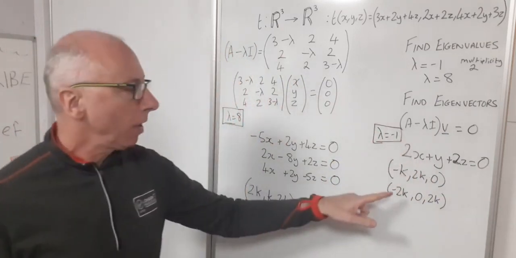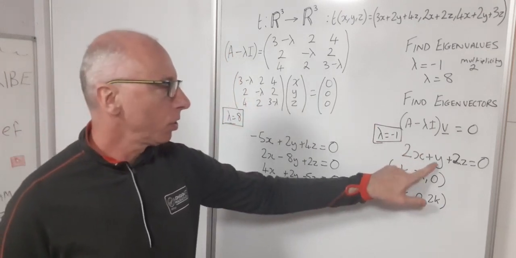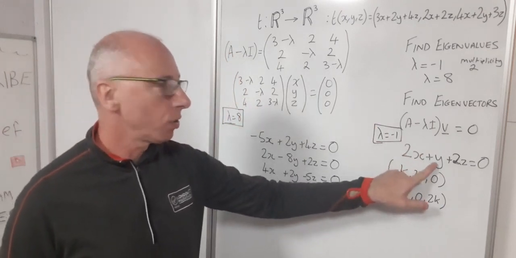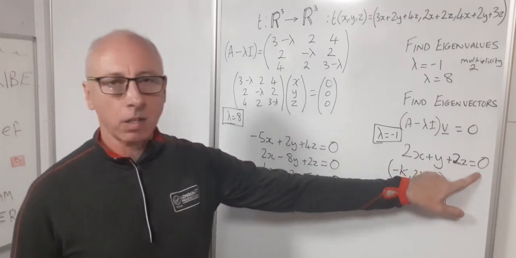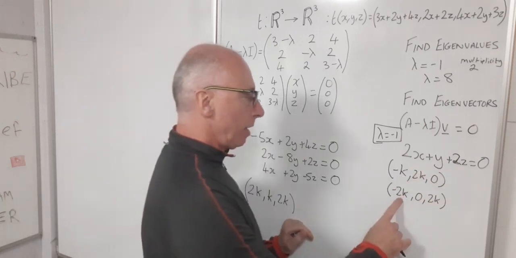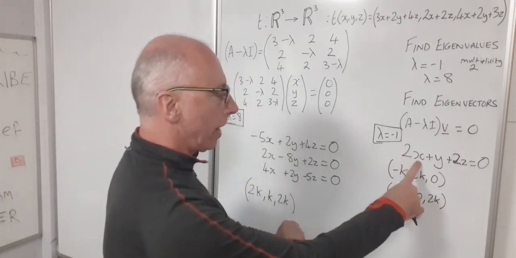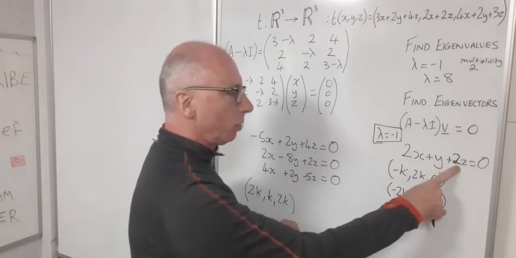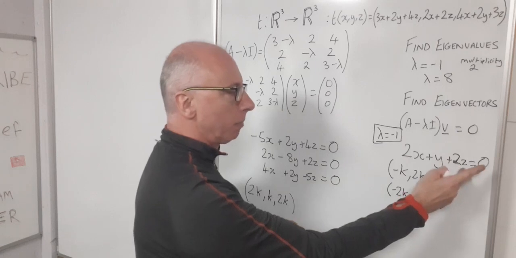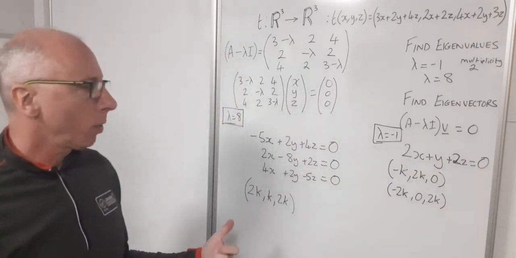So for example, if I plugged minus 1 for x, I get minus 2 plus 2y, that gives me plus 2. So minus 2 plus 2 is 0, and leave that as 0, that comes to 0. And same here, if I plug in minus 2 for x, I'm going to get minus 4, 0 for the y, and 2 times 2 is 4, so that's going to give me minus 4 plus 4 gives me 0 as well. So these systems of equations work.